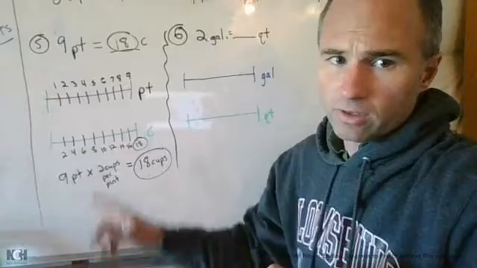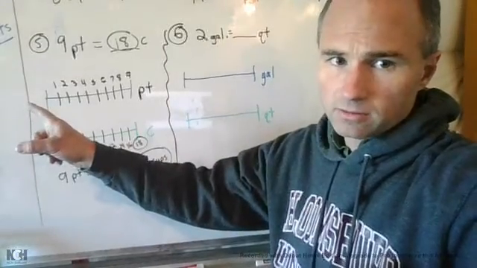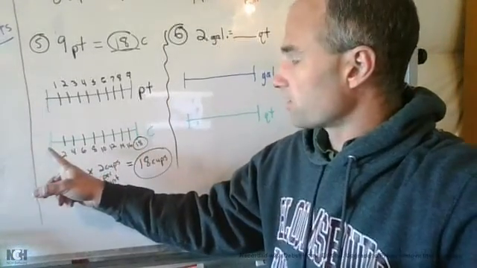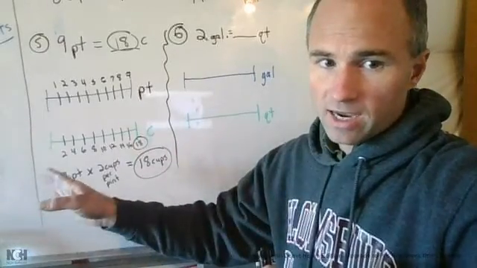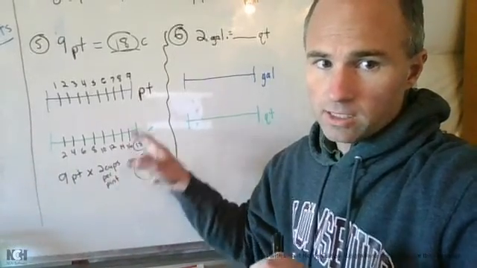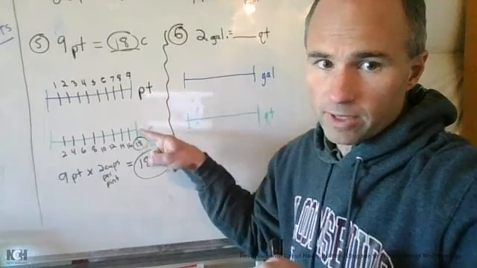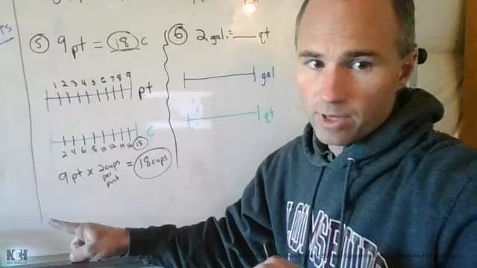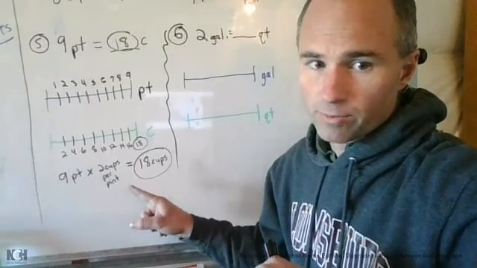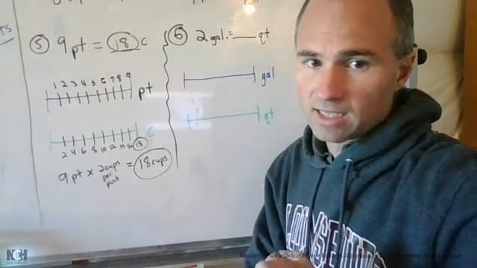All right, here we have our pints number line and our cups number line. I know that there's 2 cups in a pint, so I counted by 2s until I got rid of all 9 pints, which got me 18 cups. 9 pints times 2 cups per pint gives me 18 cups.